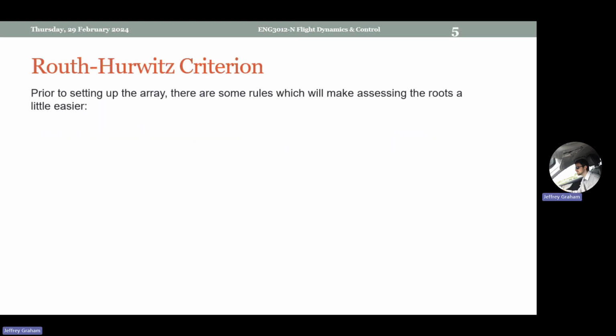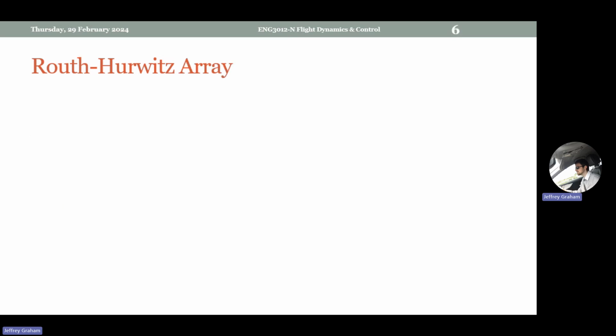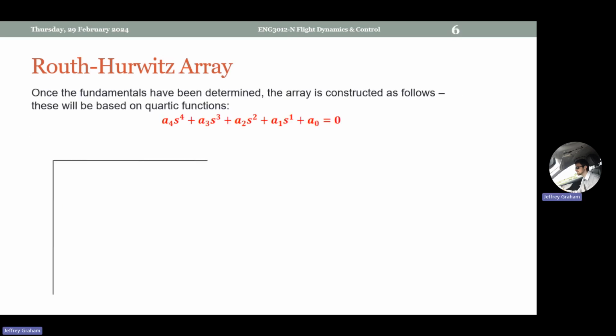Right. Jump into the actual plot itself and then explain how it works. So typically, this is a power 4 example. A represents the coefficients, S being an increase in power up to power 4. Right.